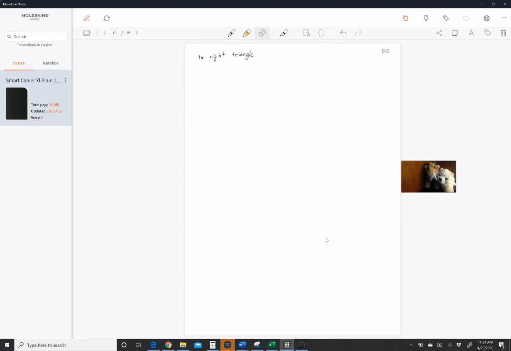Now, this is true for triangles that are not right triangles, but I'm not going to spend a lot of time on that. Eventually we're going to be working with circles in the next lecture. So that's why I say right triangle trigonometry.